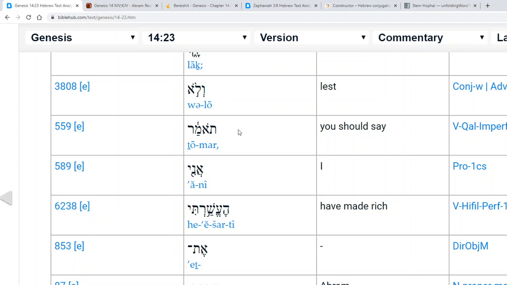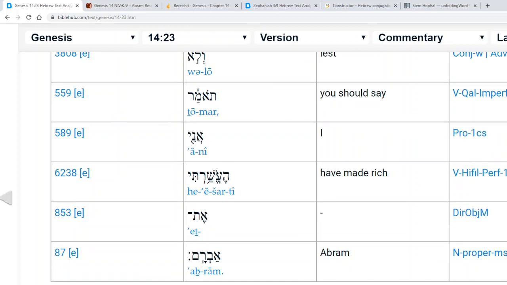The lo tomar. Ani hesharti. Ani is the shorter form of I. Hesharti, right? So the root is ayin shin resh, which means wealth, right? Hesharti is the perfect of the hefil, first person, common singular. I made rich, right? Hesharti, I made rich.